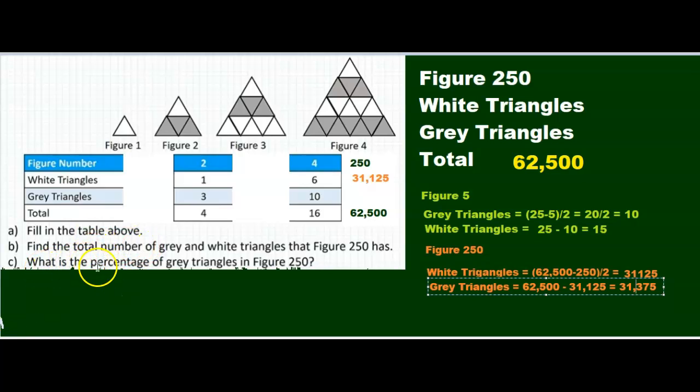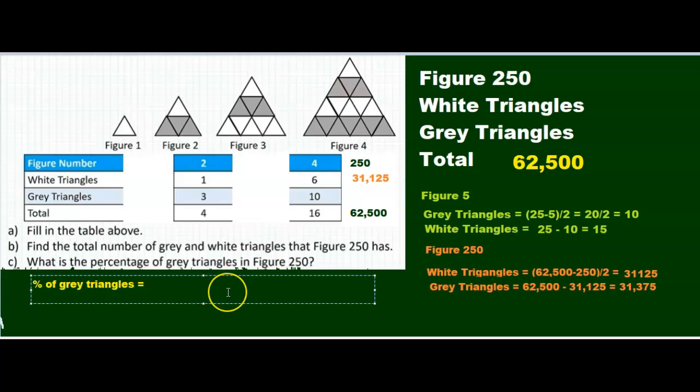They want the percentage of gray triangles in figure 250. So to find the percent of gray triangles, we have to take the number of gray triangles, which is 31,375, over our total number of triangles, which is 62,500.